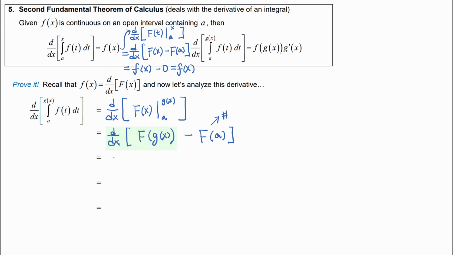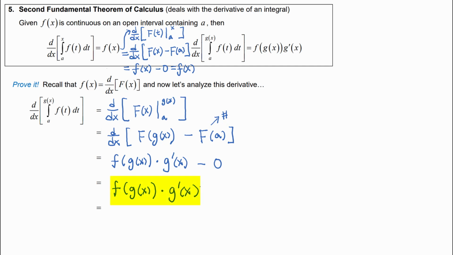So by the chain rule, I get little f of g of x times the derivative of the inner function, and the derivative of the constant is 0. So all you get is f of g of x times g prime of x, which is the result of this.